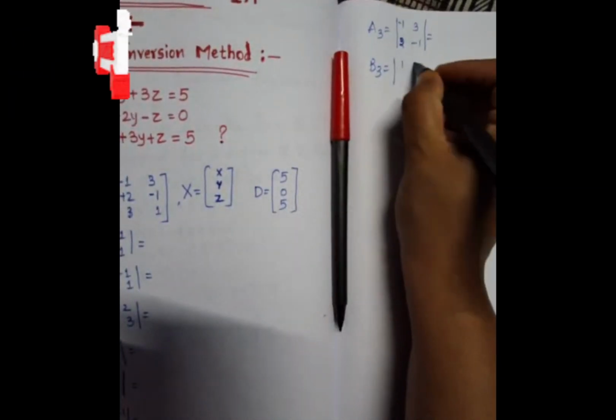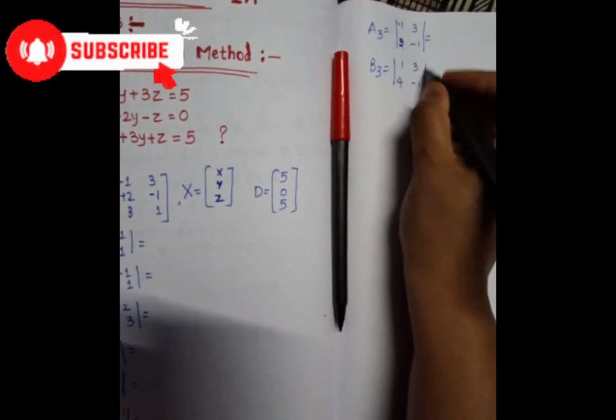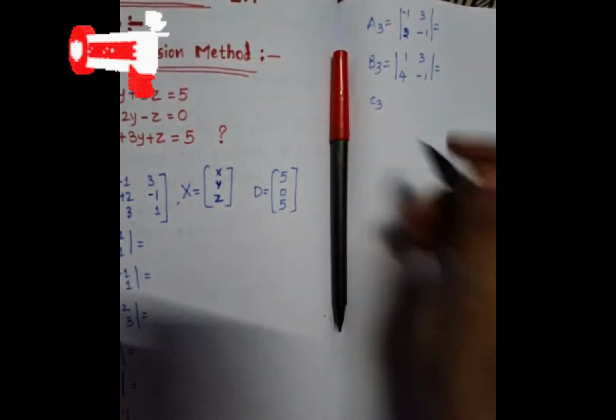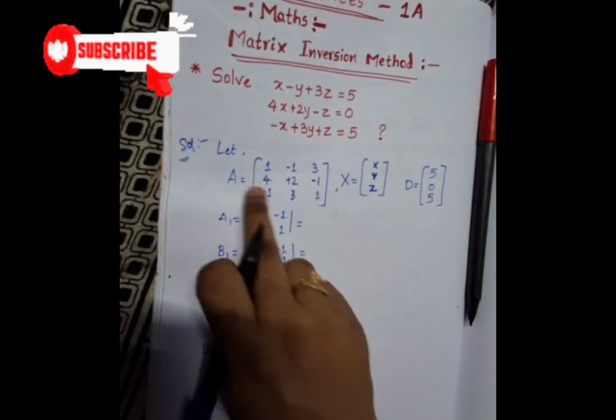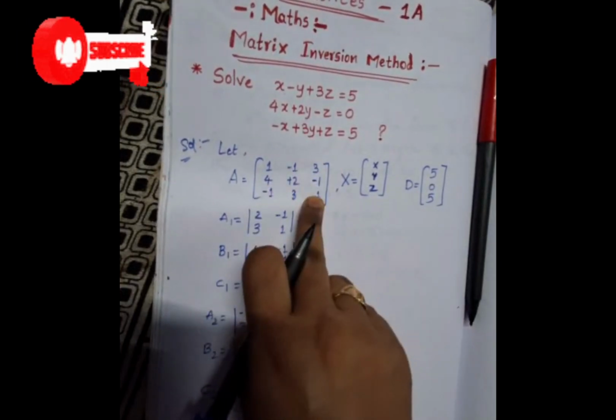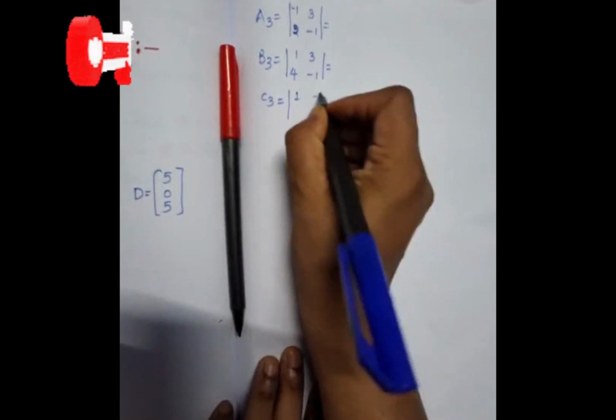Then c3 means the third column and third row: 1 minus 1, 4 2.